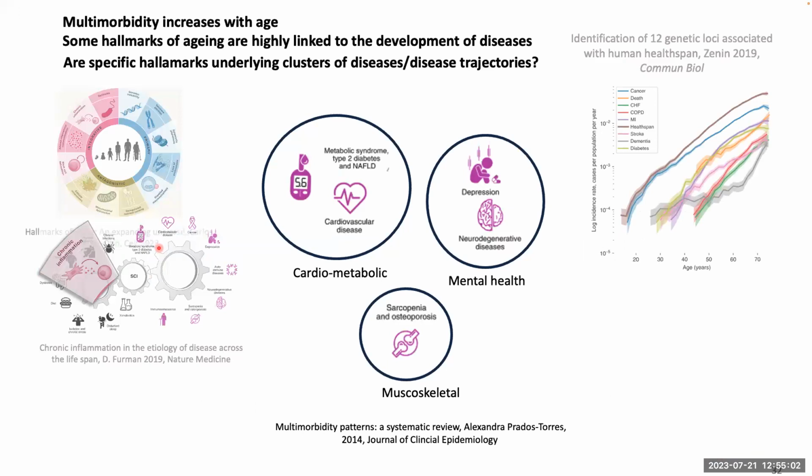Basically, because in the end, multimorbidity increases with age in the same way that diseases increase with age. And it's true that some hallmarks have been linked to the development of diseases. For example, chronic inflammation is highly associated to the development of most chronic diseases, right? And so the idea is, could we highlight specific hallmarks underlying clusters of diseases, not only in our aging patterns, but in these specific clusters that might appear.